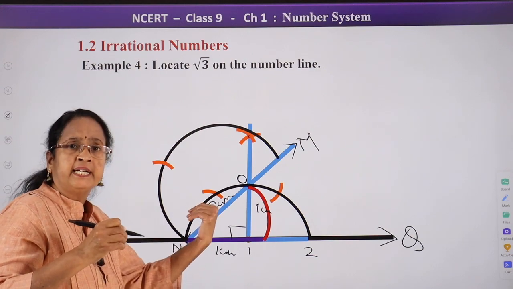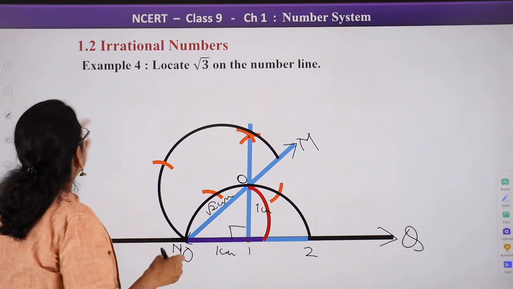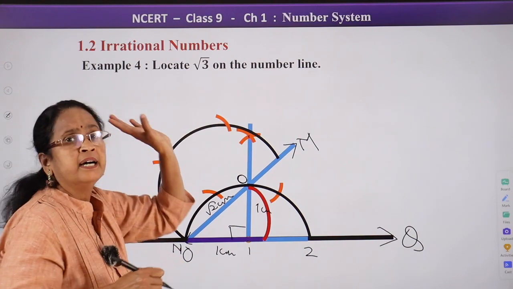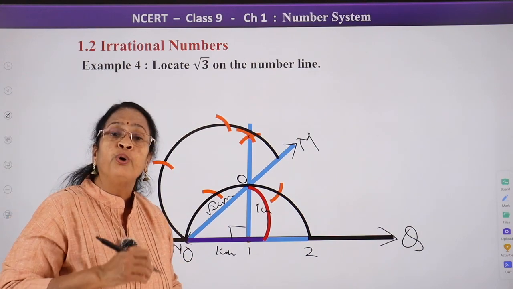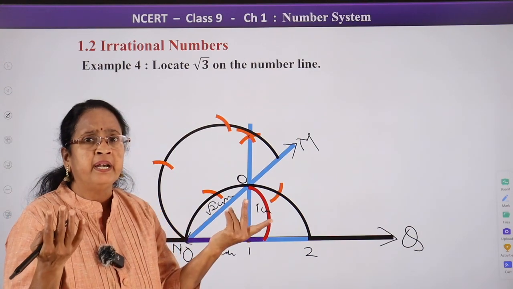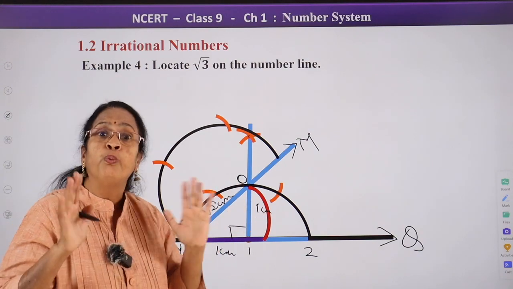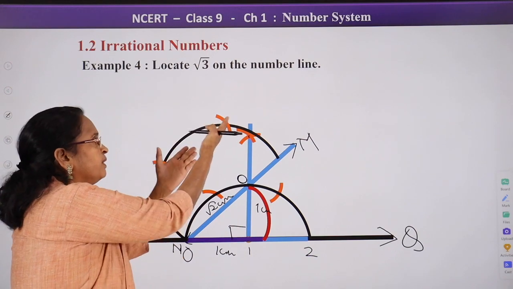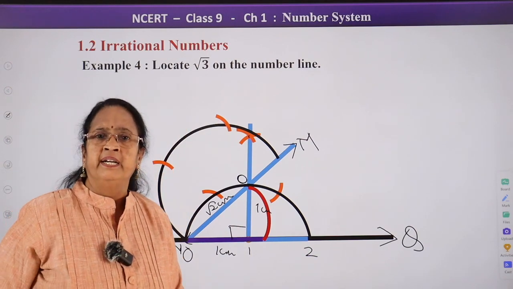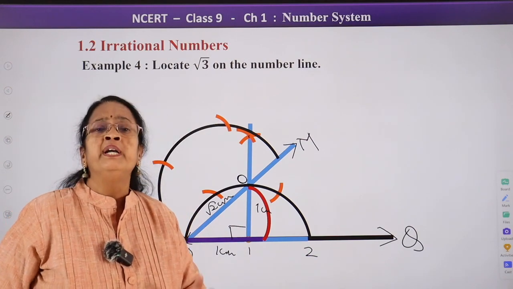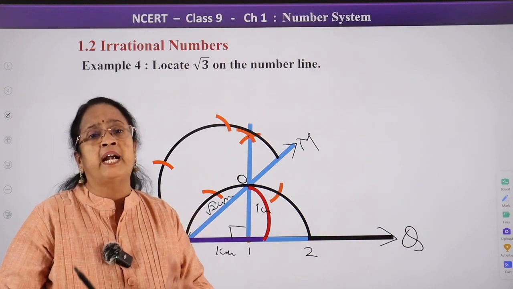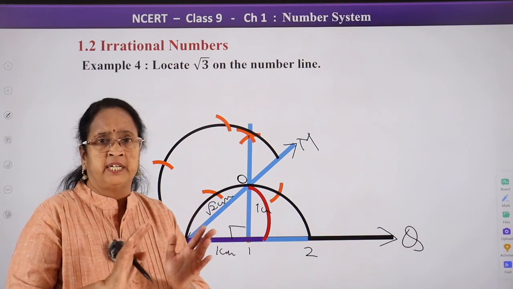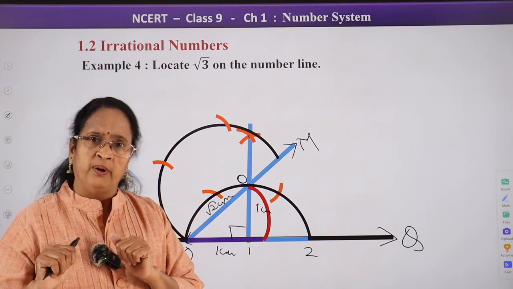Taking 60 degree as the center, now I cut another arc. So 60 plus 60, 120. So the second arc is 120 degree. This is the first arc, 60, and the second arc, 120. And as I have already told you, 90 lies just at the midpoint of 60 and 120.